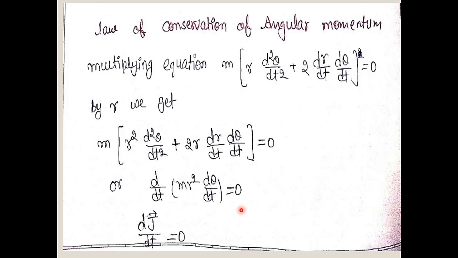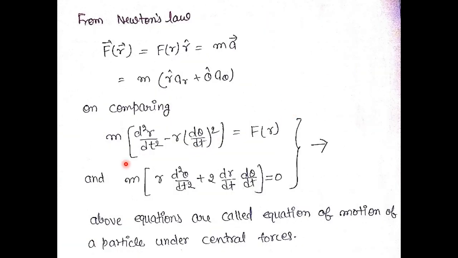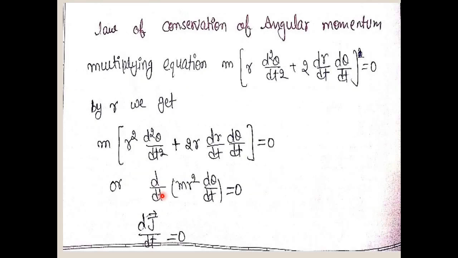Now for this we will take the law of conservation of angular momentum. We have this equation, the angular part: m (r d²θ/dt² plus 2 (dr/dt)(dθ/dt)) equals 0.